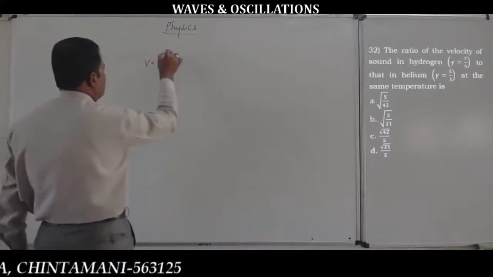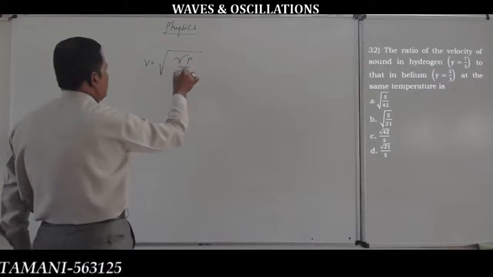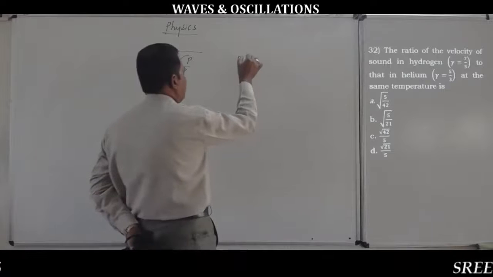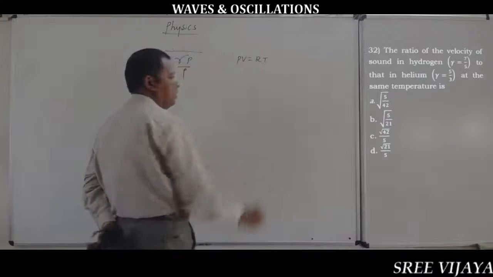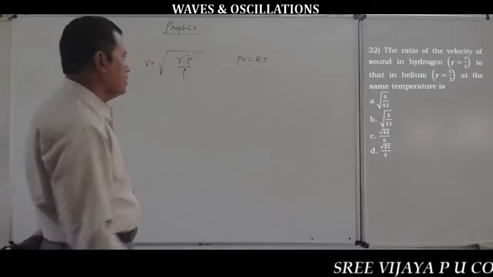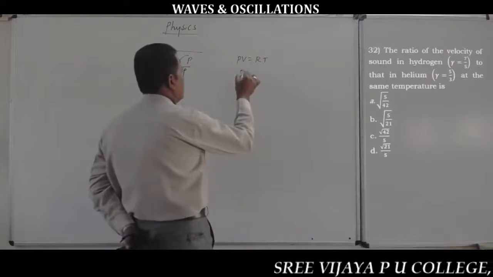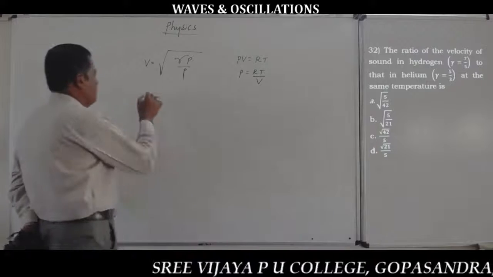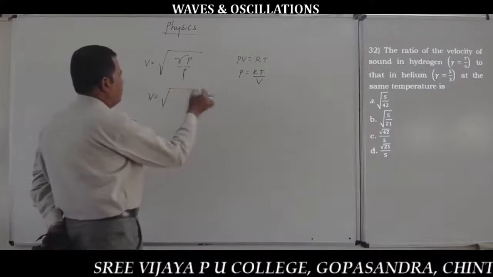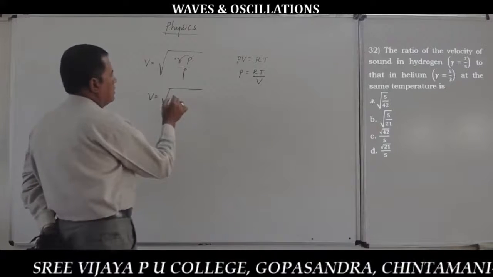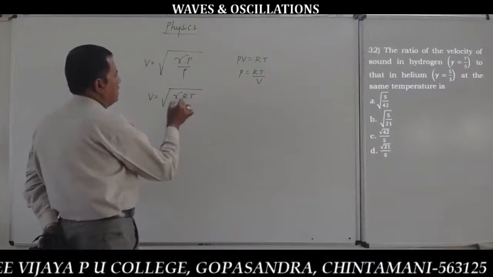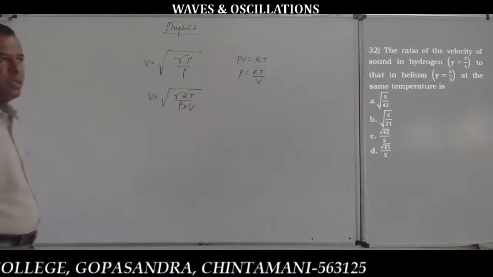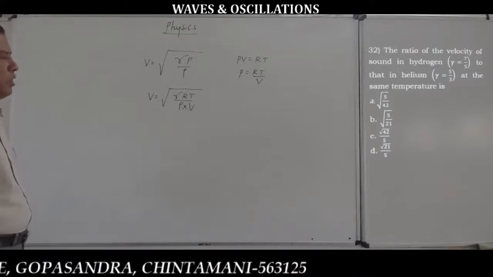V is equal to square root of gamma P by rho. We have PV is equal to RT, the ideal gas equation. P is equal to RT by V. V is equal to square root of gamma RT by rho into V. In the denominator we have the product of density and volume.